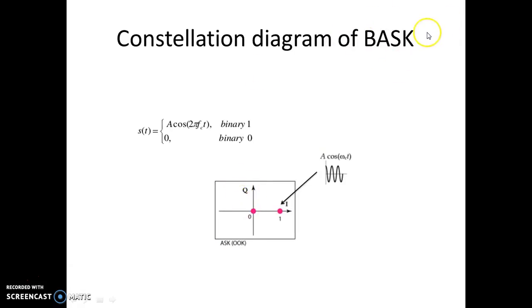In the case of BASK, to draw the constellation diagram we need just one carrier, and the carrier is cos 2 pi fc t for binary 1, and 0 for binary 0. So you have 0 and 1 here, and just one carrier, and this axis represents that one carrier. Amplitude shift keying is also called on-off keying.